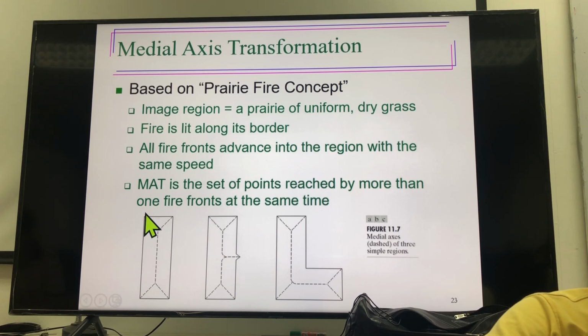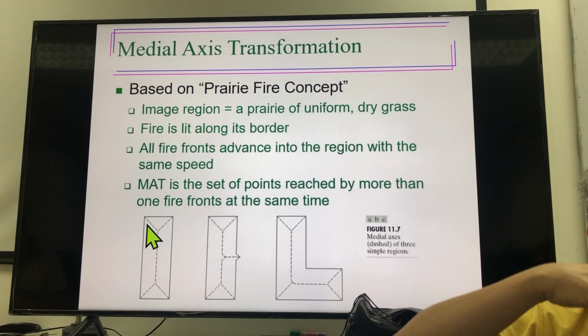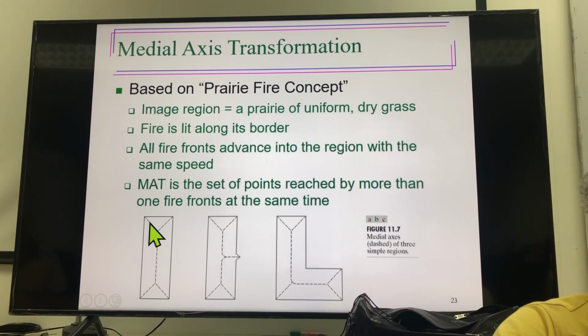But this one, they think of the grass, and then you put a fire on the grass. The fire erodes it, and the grass is getting smaller at the same constant speed. And whenever the two fire lines connect, you get the skeleton. So this is the skeleton of this object.